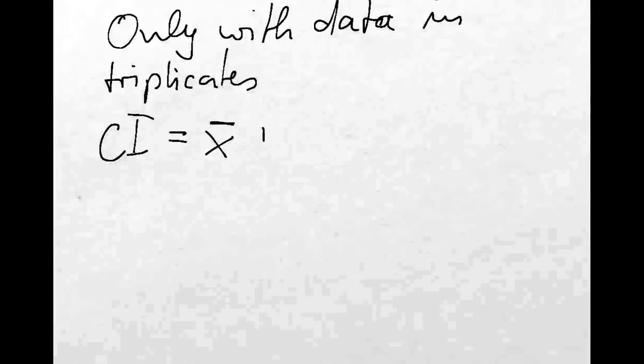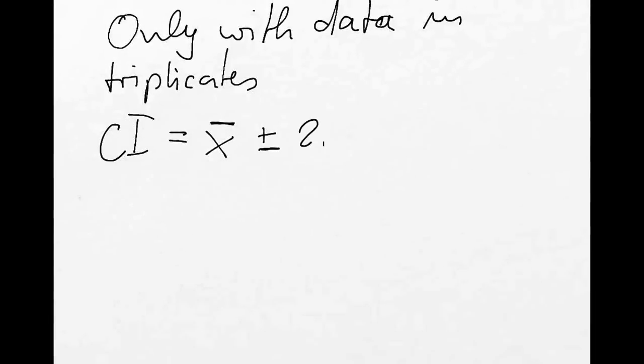But in this case, the confidence interval is your mean plus or minus 2.5 times the standard deviation. That's my shortcut. And this 2.5, that is sort of a constant here.